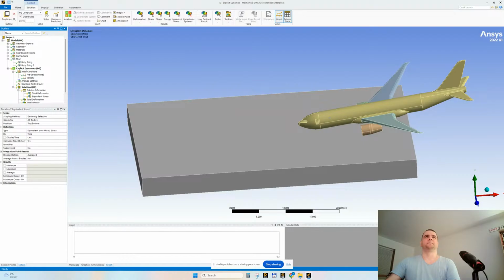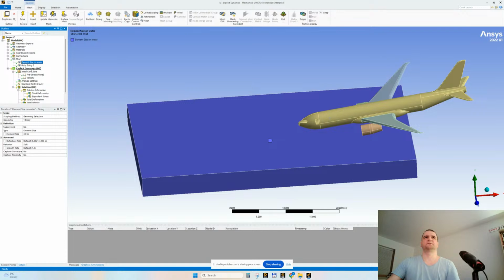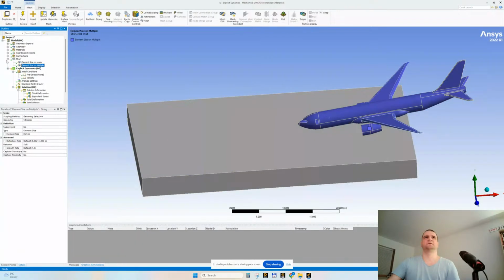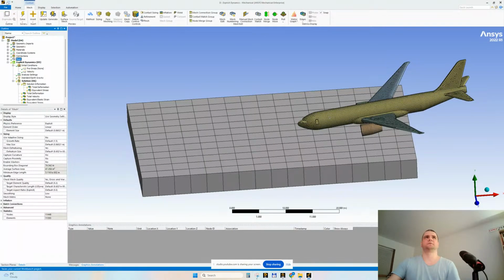Save. Solve. I'm thinking if I'm missing something or not. Rename based on definition. Save. All right. Let's solve it, and let's see how long it will take to solve.